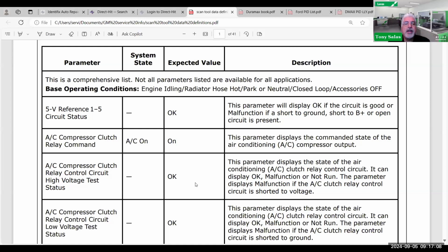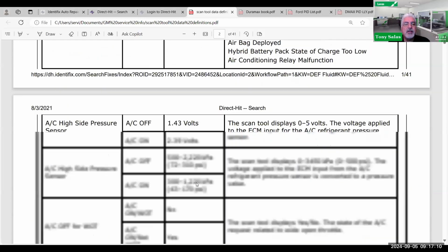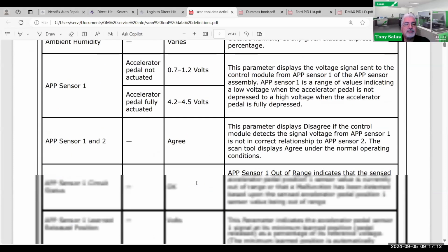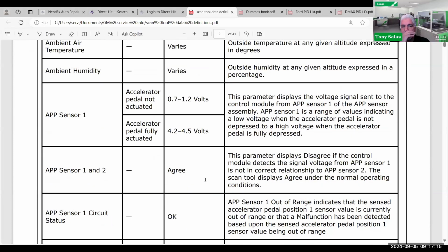So now, as I scroll down the list here, please note what's available. There's your APP sensor, for example, right? Not only is it giving you a value of what the pedal reading should be on your PID list for pedal not actuated or pedal fully actuated, in other words, you've got it on the floor or you don't have your foot on it, period.